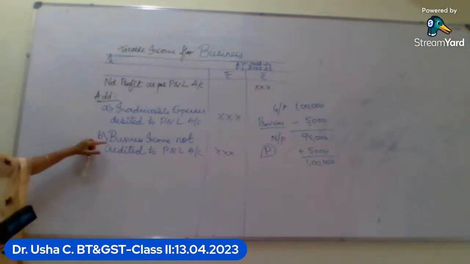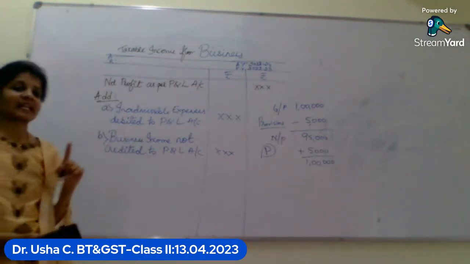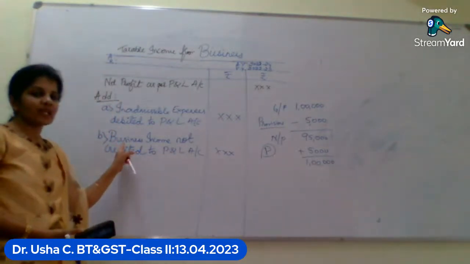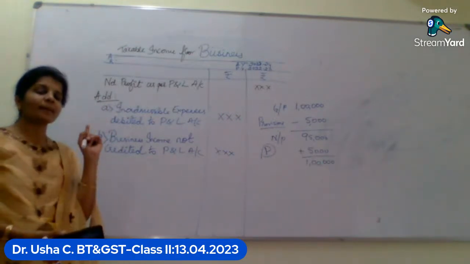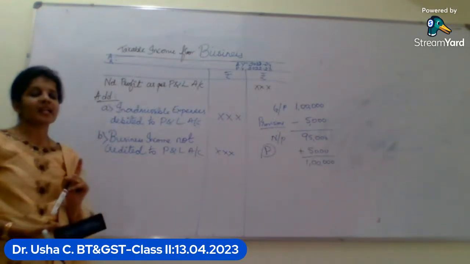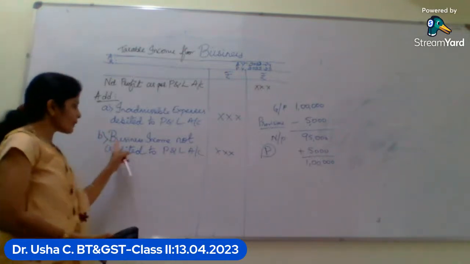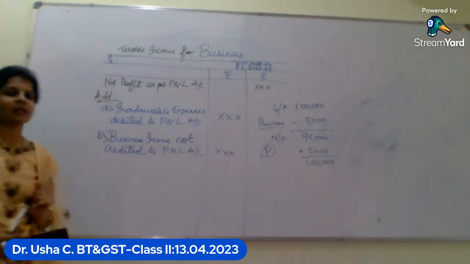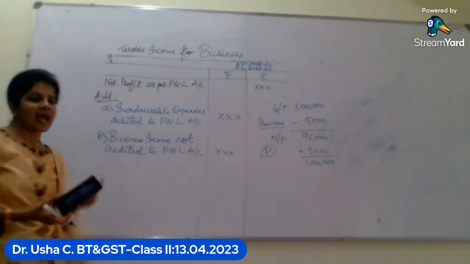Why should it be added back? Because it is a business income. In order to make less payment of tax, they have not shown this as income and it is not added to the net profit. Now, to make the payment of tax correctly on the exact taxable profit, whatever business income is excluded from the net profit must be added back.